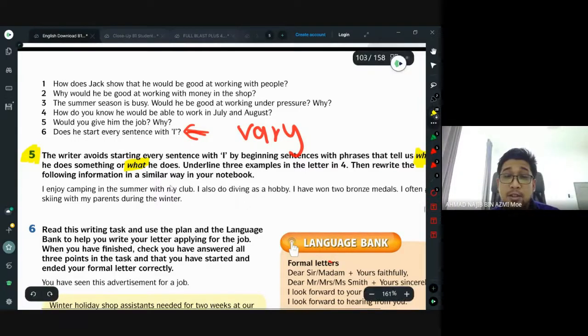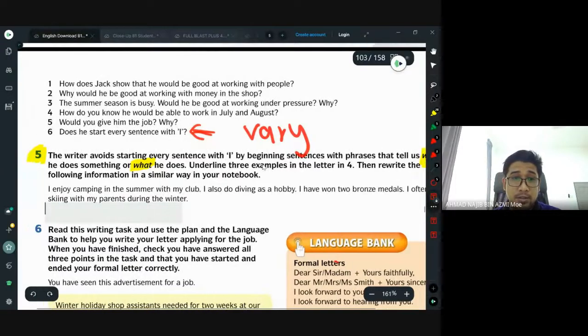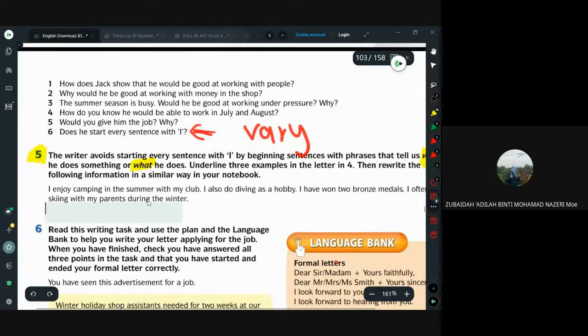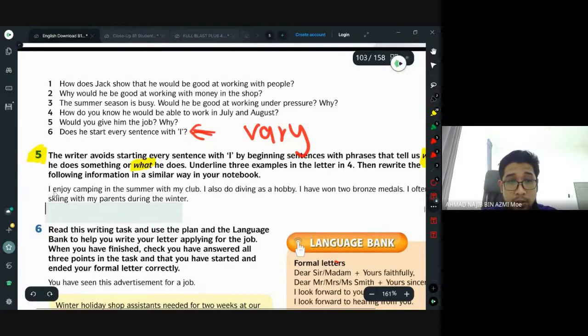So let's try to change it a little bit. The first sentence, I enjoy camping in the summer with my club. How can we change it? We don't want to start the sentence with I. We start with what? When, sorry. At the weekend, oh, read carefully. I enjoy camping in the summer with my club.